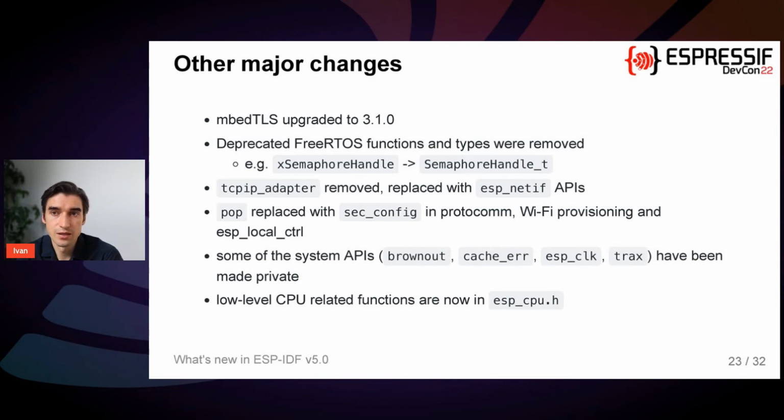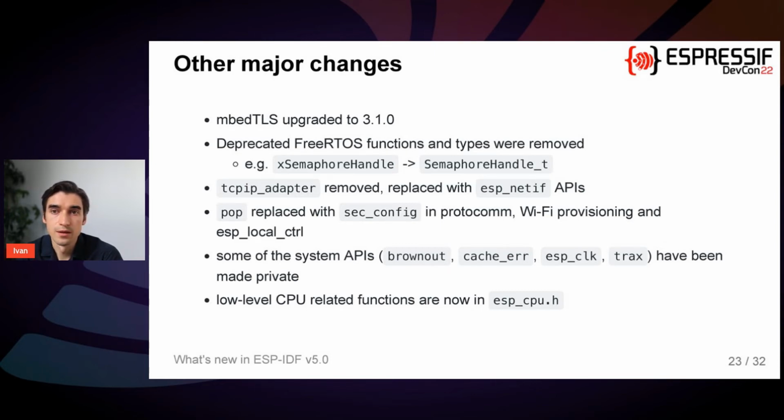That's, for instance, SemaphoreHandle_t instead of xSemaphoreHandle. Typically, this is pretty easy to search and replace. And also these SemaphoreHandle_t types are available in previous versions of ESP-IDF, so you will not notice a lot of difference in case you need to compile the project for the older IDF release.